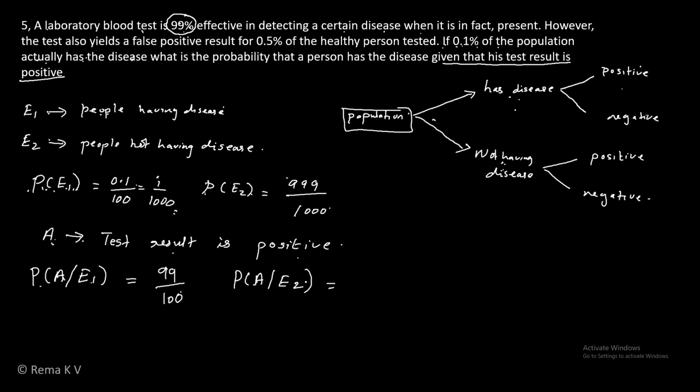A given E2 means the probability of the test result being positive when the person has no disease. The person is not having disease. Not having disease means the person is a healthy person. So what is the probability then?